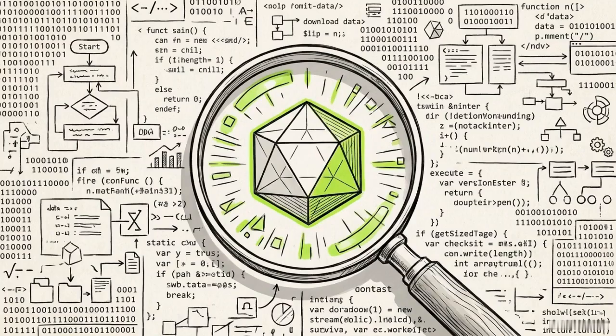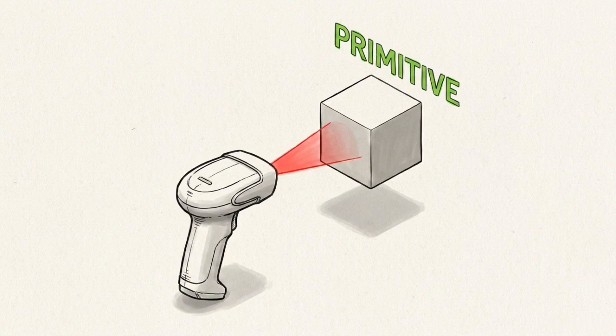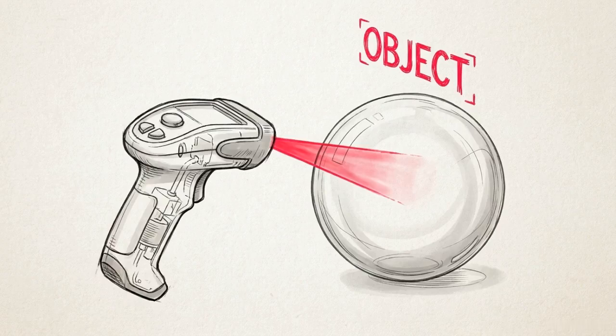Because JavaScript is dynamically typed, the engine has the architectural challenge of identifying incoming data types on the fly at runtime. The Typeof operator serves as a basic scanner. It reads the primary tag of a value, making it effective for identifying primitive types. But this scanner is also responsible for the historical artifact where Typeof null evaluates to object.